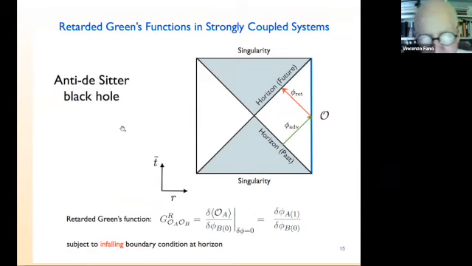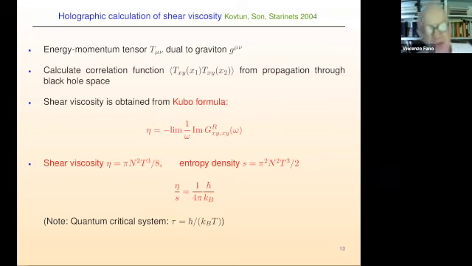May I ask something? It is a wonderful calculation. In your first lecture, you said that application of gauge gravity duality and theoretical relevance are not completely separated.